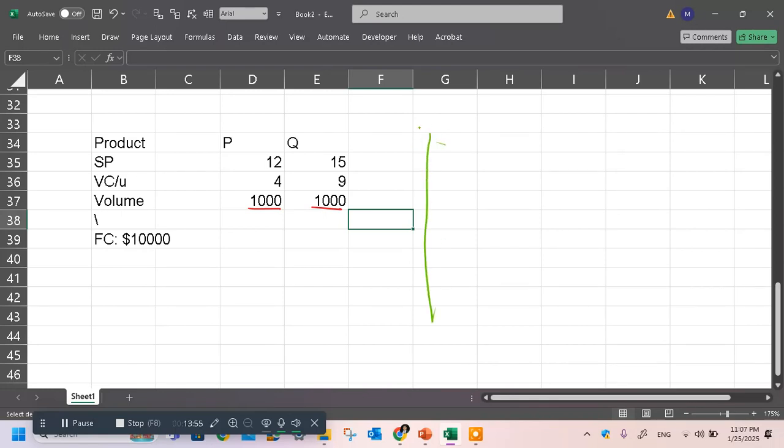Y-axis is going to be profit. X-axis will be revenue. This is profit volume chart. If it is a single product, it will be just a straight line. Here, since there are two products, one by one we have to draw. Anyway, starting point is going to be negative 10,000. Tell me why? Fixed cost. Starting point means you don't have any sales, zero sales, but still fixed cost will be there.